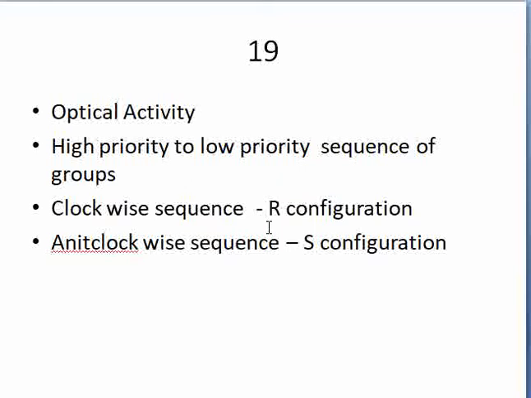The element with the higher atomic number gets high priority, and the element with the lower atomic number gets low priority. If the sequence is clockwise when going from high priority to low priority, it is the R configuration. If it is an anti-clockwise sequence, it is the S configuration. This is very important when you take a single carbon.